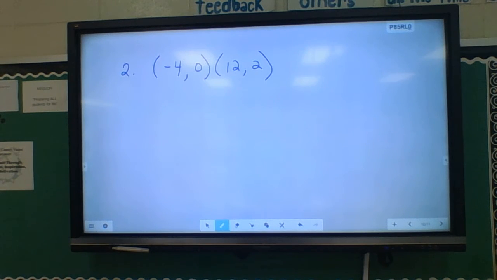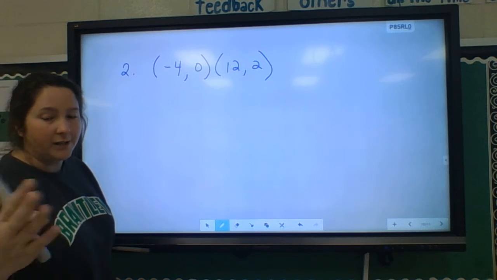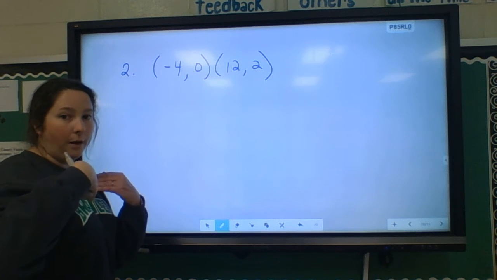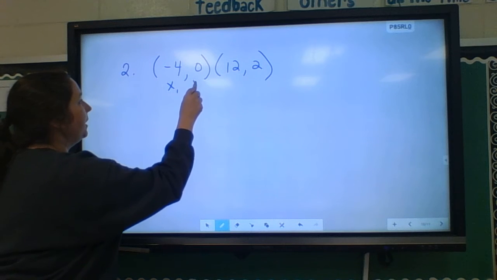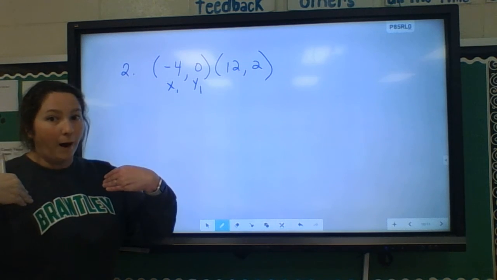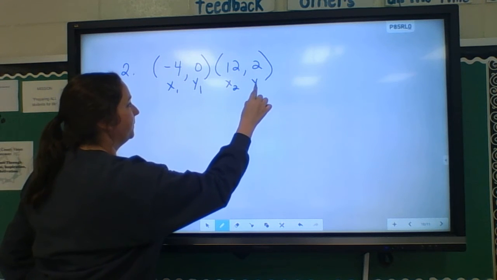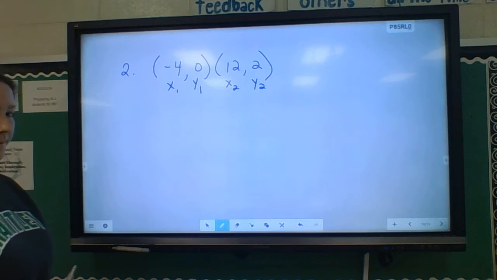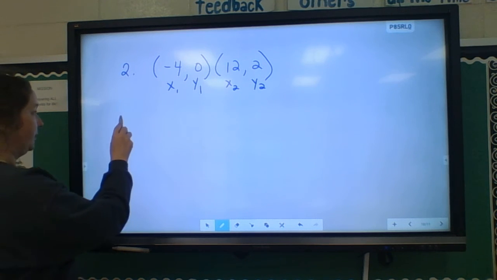All right, our next problem: negative 4, 0, and 12, 2. So, first step, label the ordered pairs. How do we label? X1, Y1, X2, Y2. Step 2: substitute into the formula.